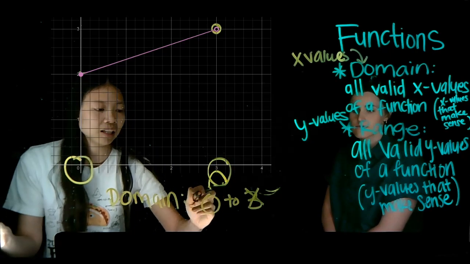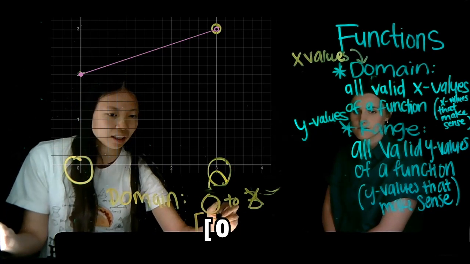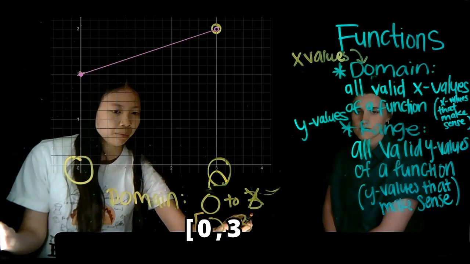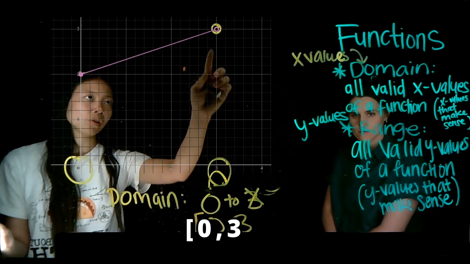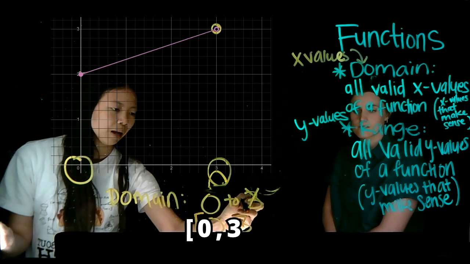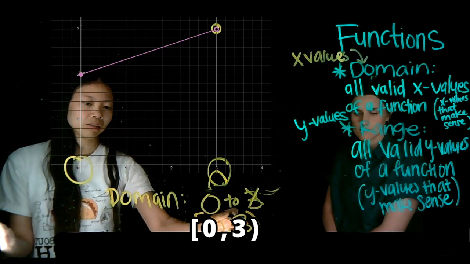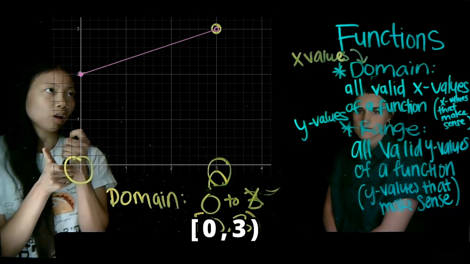So to write that in interval notation, we would say bracket 0, because 0 is included, and the comma means I'm going all the values in between until 3, but I don't want to include 3. So in order to show I'm not including 3, because there's a hole in the graph, it does not exist, I'm going to do a parentheses to show that it's from 0 until 3, but not including 3. And so that is how we do our domain with an open circle.